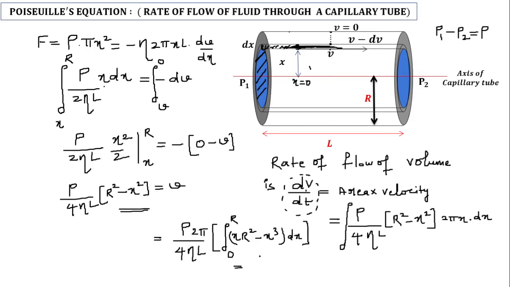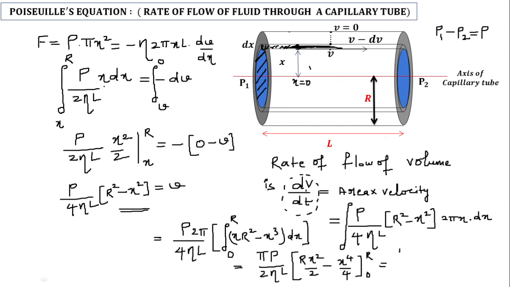So this becomes pi into P, pressure difference, by 2 eta into L into integration of R square into x, which is simply R square into x square by 2, minus integration of x cube, which is x power 4 upon 4, and the limits are from 0 to R.